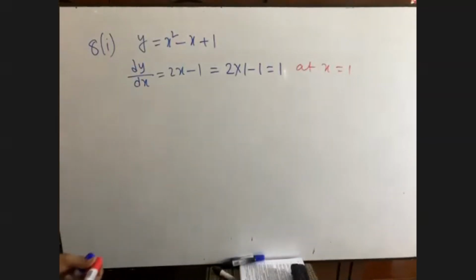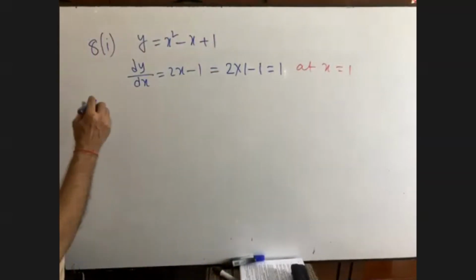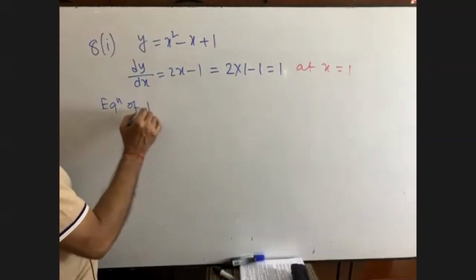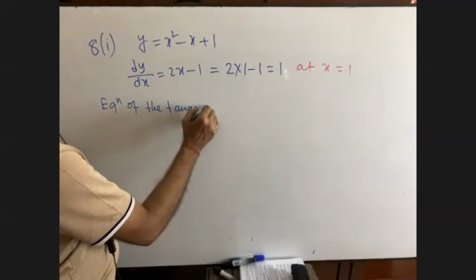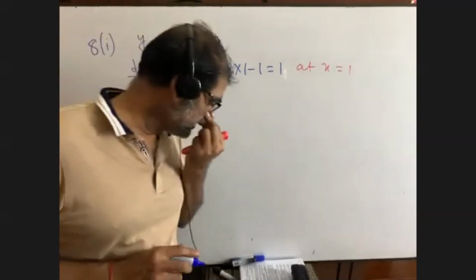Okay, now you have to find the equation of the tangent. So what is the equation of the tangent? Can you please let me know? Or who can tell me?